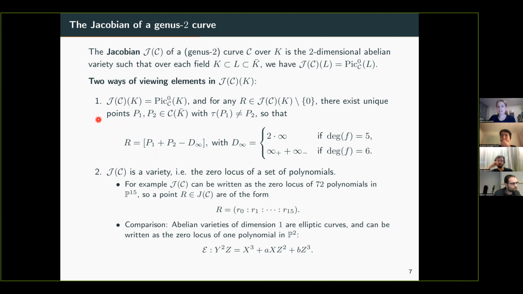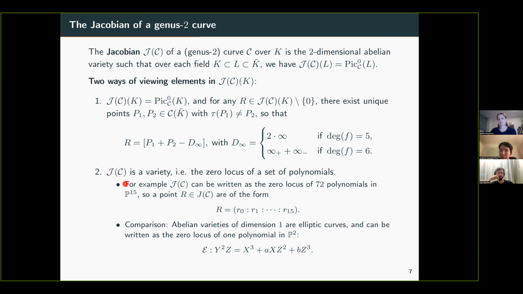Okay. So on the other hand, there's also a different way to describe elements of the Jacobian. As I've written here, the Jacobian is a variety. This means it's the zero locus of a set of polynomials in projective space. And for example, there exist different representations of the Jacobian as a variety.